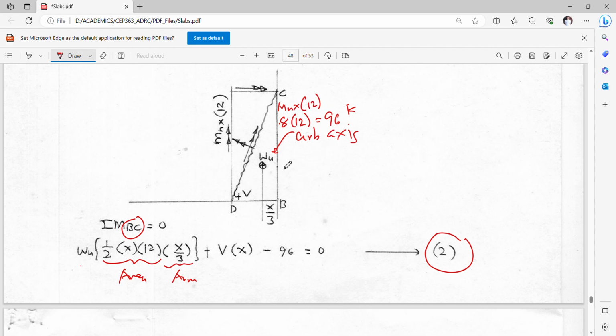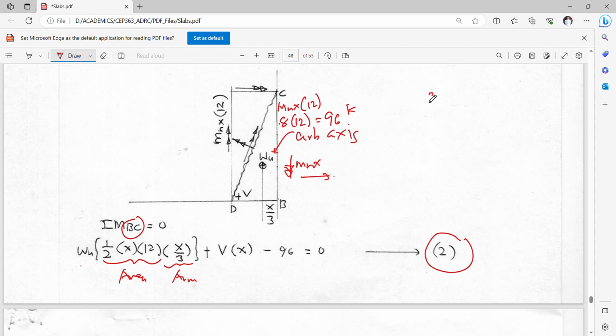So this is along the x-axis. Our x-axis is directed here, but our moment, the double arrow, is this one. So this is along the x-axis, but about the y-axis. Please be very careful on that.